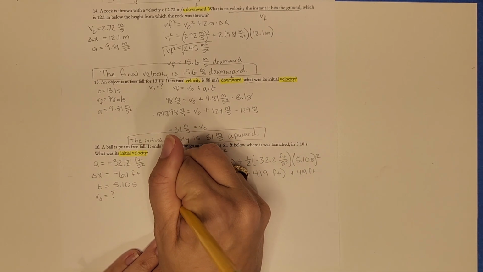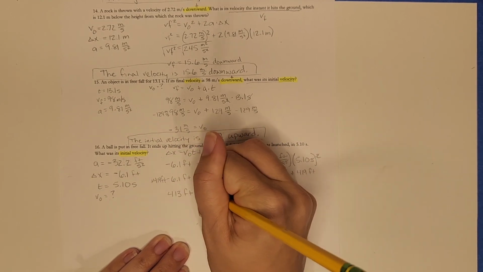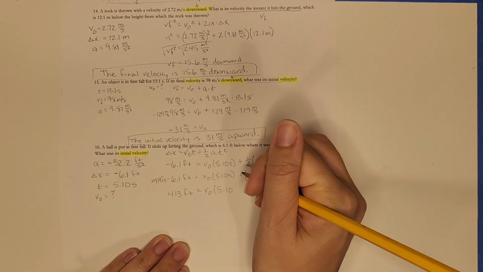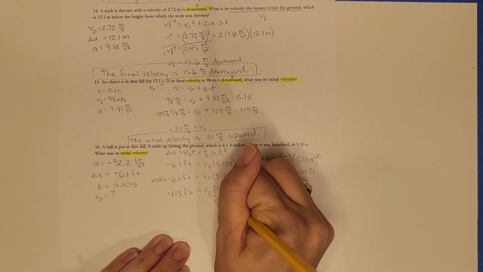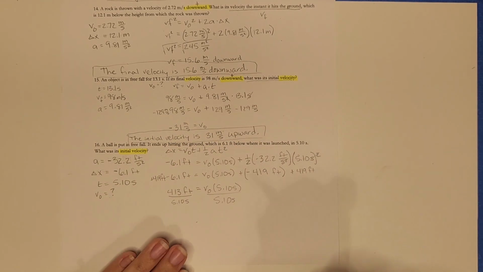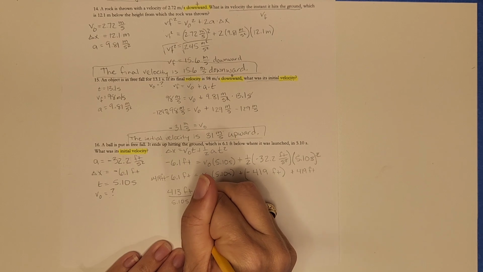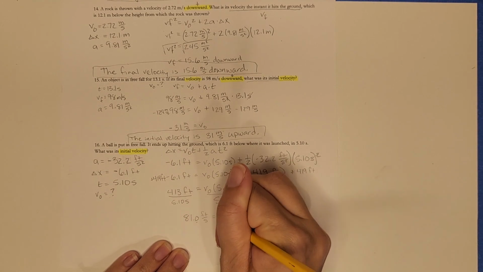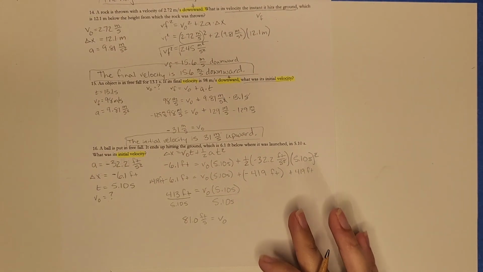So we're going to end up with 413 feet equals V naught times 5.10 seconds. Divide by 5.10 seconds, and we will end up with 81.0 feet per second equals our initial velocity.